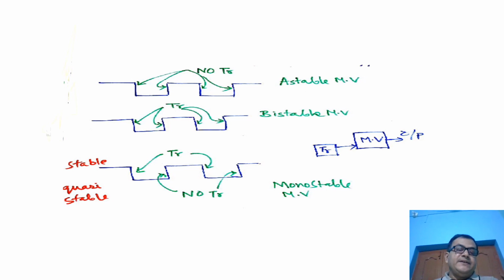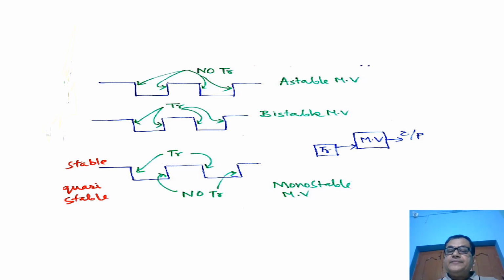As the 1 state is stable, to switch from 1 to 0 it needs an extra triggering pulse. But to switch from 0 to 1, it doesn't require any external triggering pulse. Automatically it will switch from 0 to 1 after a certain time. This certain time is actually the pulse width of the monostable multivibrator.